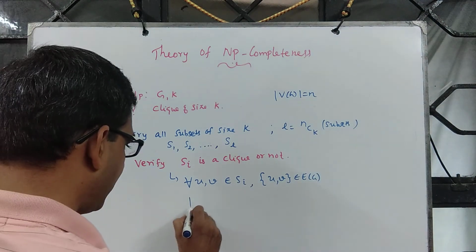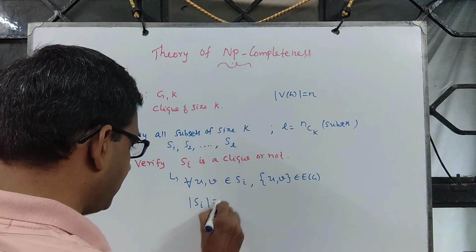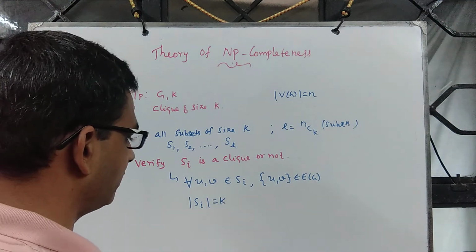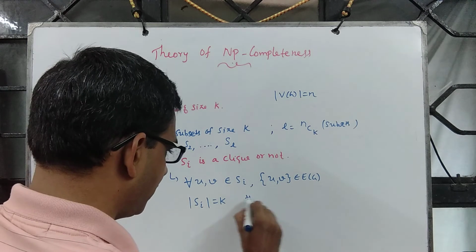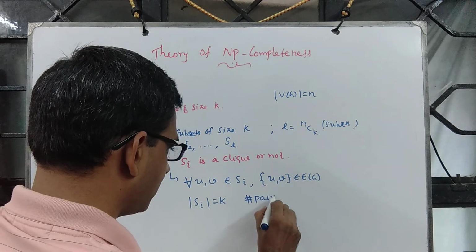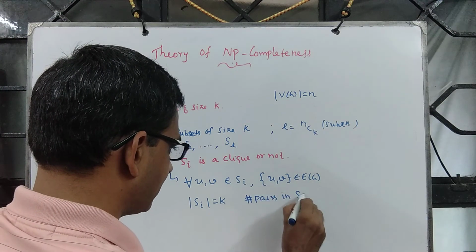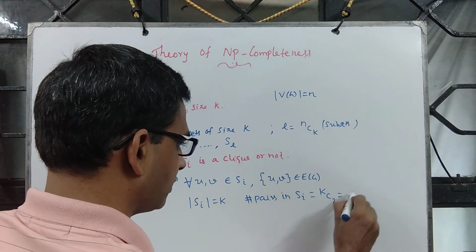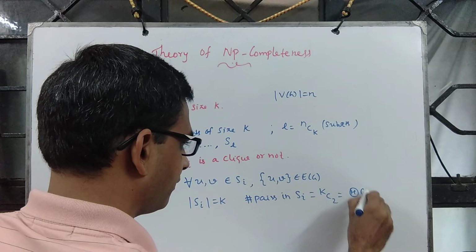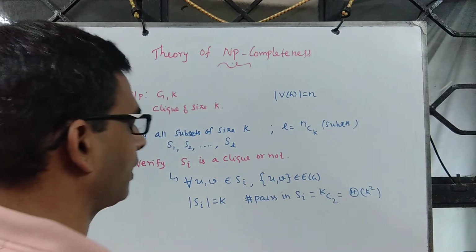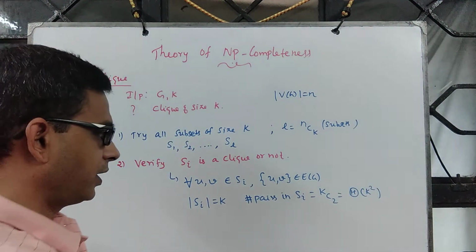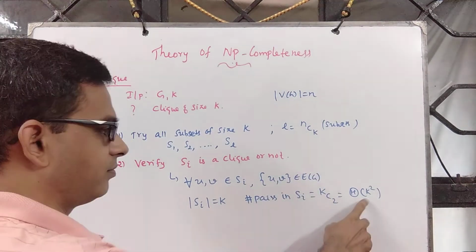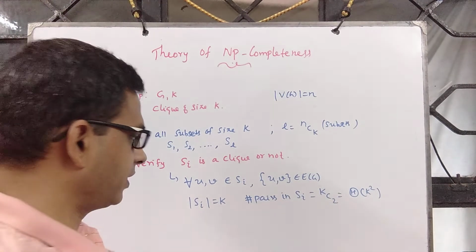We know that the cardinality of Si is k, and you look at all pairs in this. So the number of pairs in Si is how much? It is theta of k square. So at most k square edges can be there.